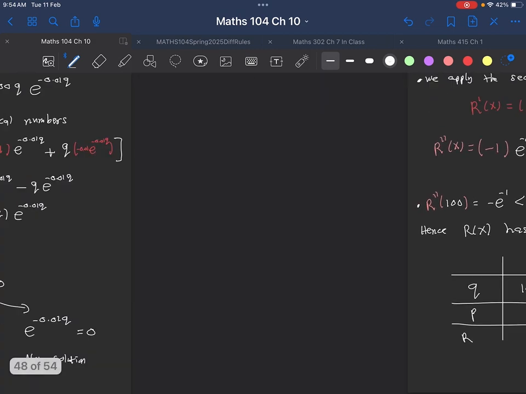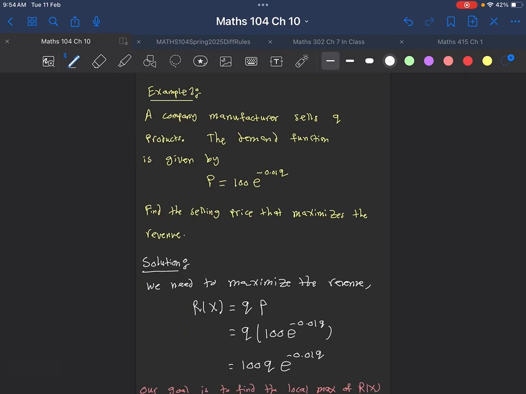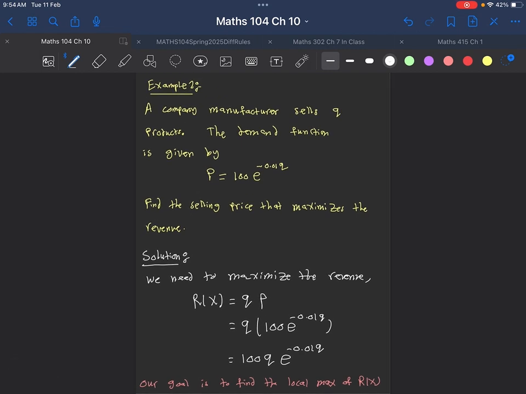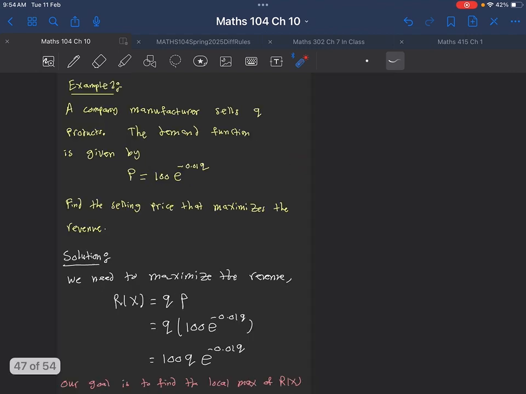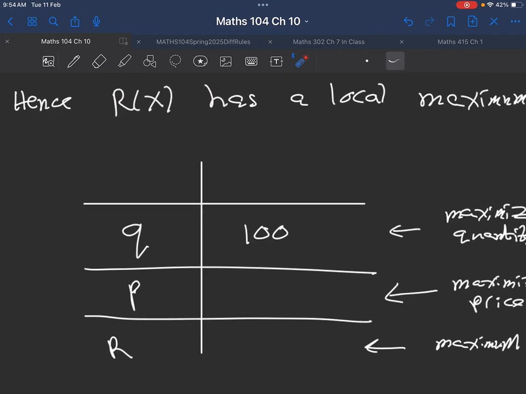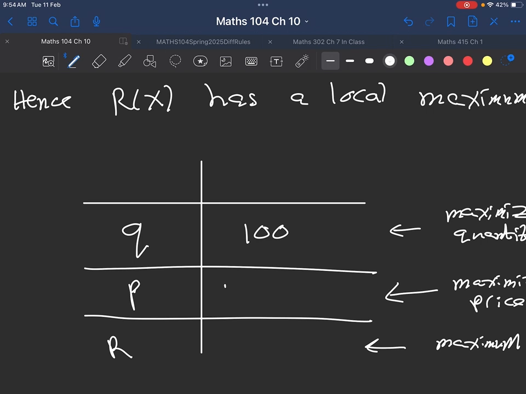So we have 100 for Q. Now for the price, we just have to multiply to find it here. If we put just 100, it will be 100 e to the minus 1, whatever this number is. We can find it, of course, using the calculator. And then remember, the revenue is the quantity times the price. So this will be in dollars. This will be number of units.